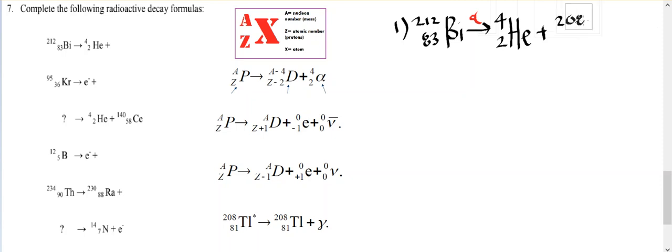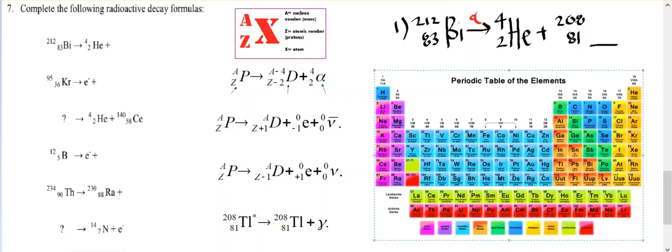To conserve the atomic number, we will take 83 and subtract 2 to get 81. Now to find the daughter element, we look on the periodic table. We look for the atomic number 81, and we find that it is thallium, or Tl, excuse me. So Tl is thallium.